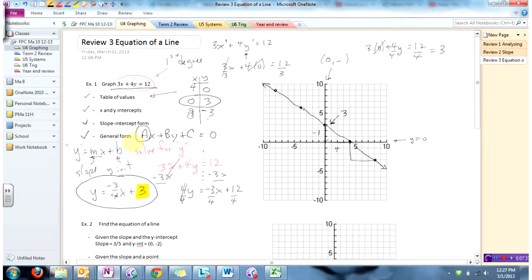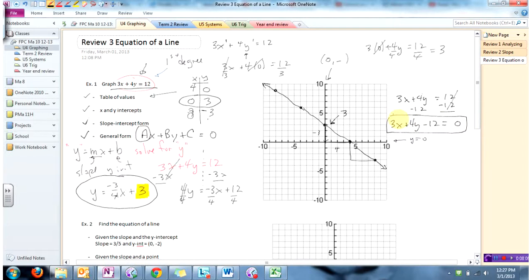So if you go back and look at this original question, if we simply move 12 to the left-hand side by subtracting 12 on both sides, you get 0 on the right-hand side, 3x plus 4y minus 12 on the left, and I just wanted to show you what general form looks like.